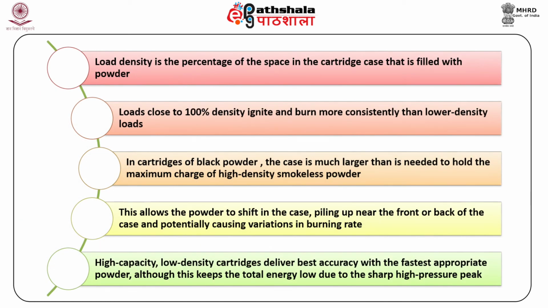Load density is the percentage of the space in the cartridge case that is filled with powder. In general, loads close to 100% density, or even loads where seating the bullet in the case compresses the powder, ignite and burn more consistently than lower density loads.